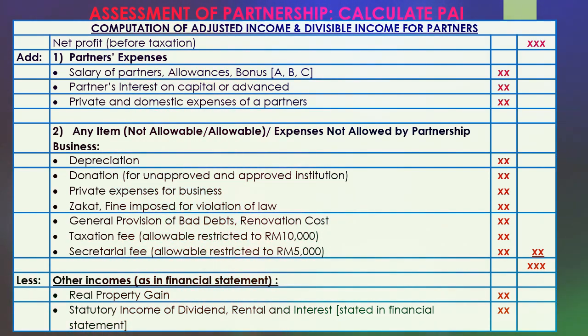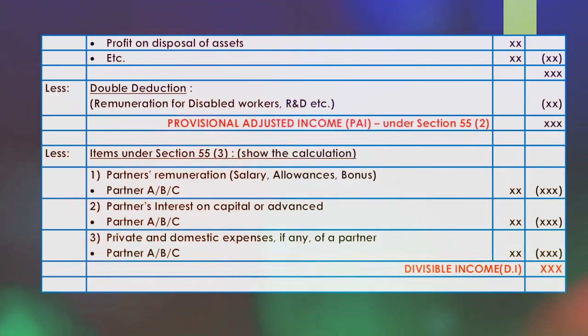So you must add any non-allowable or allowable item that is not recorded yet. Then you should deduct other income. Then you should deduct double deduction (DD), and then you get the provisional adjusted income.